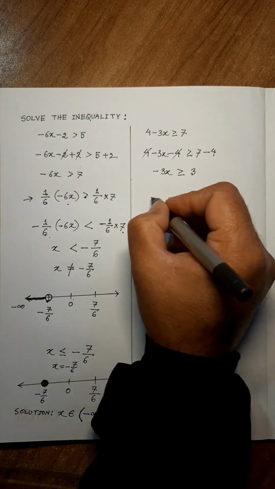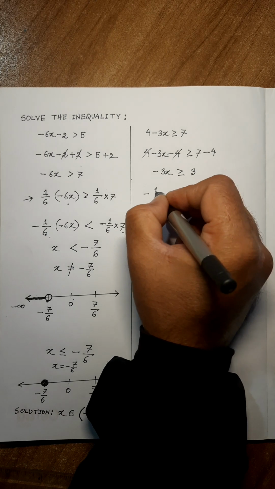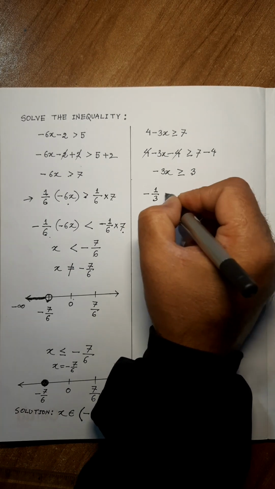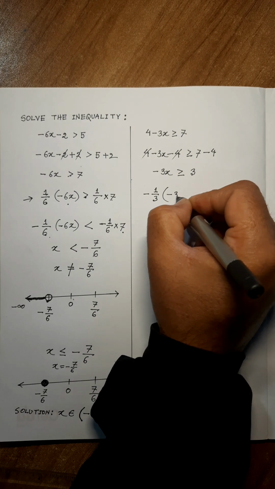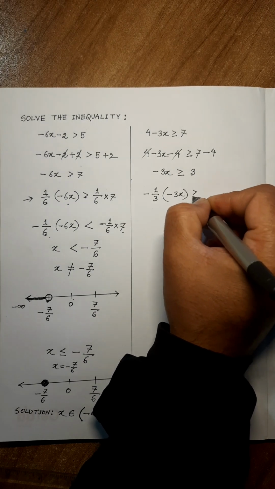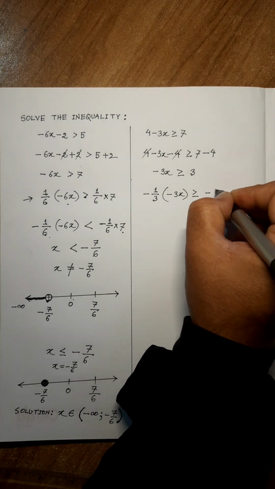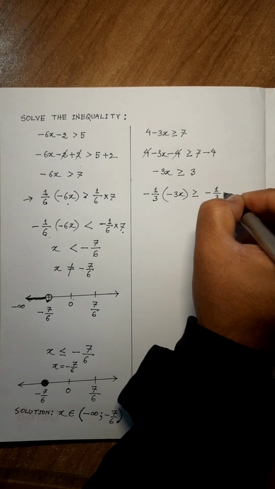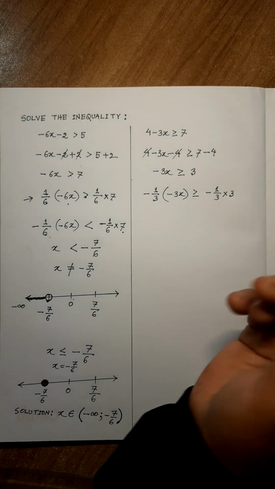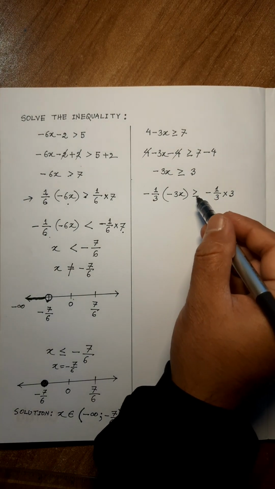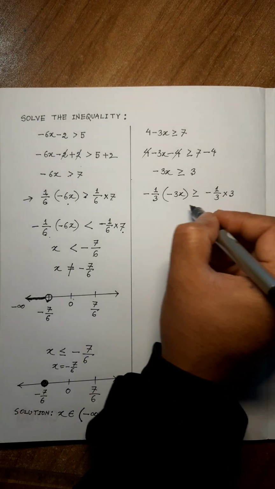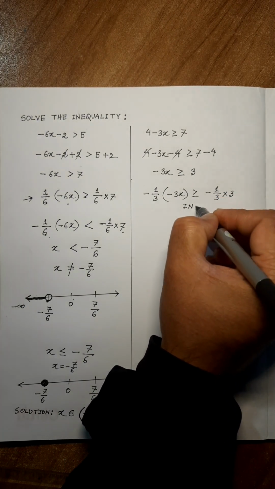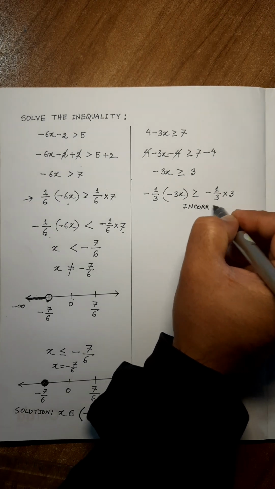Now, we need to remove that negative 3. How can we do that? Well, it's quite obvious, isn't it? We are going to multiply both sides by negative 1 over 3 and greater than or equal to negative 1 over 3 times that 3. I made a mistake, haven't I? We need to flip. So, this is incorrect.